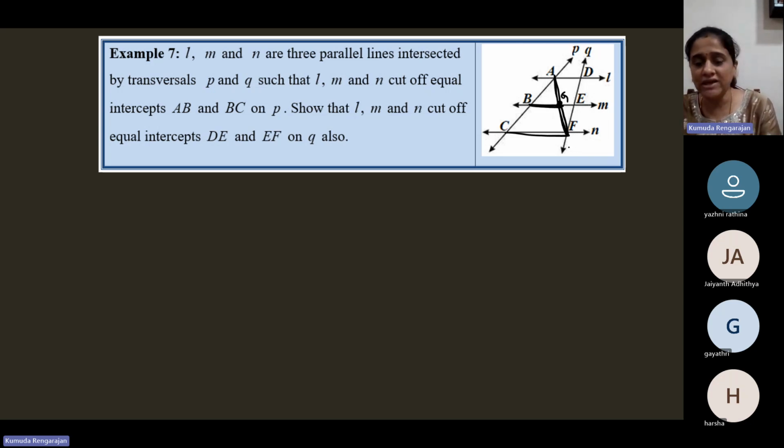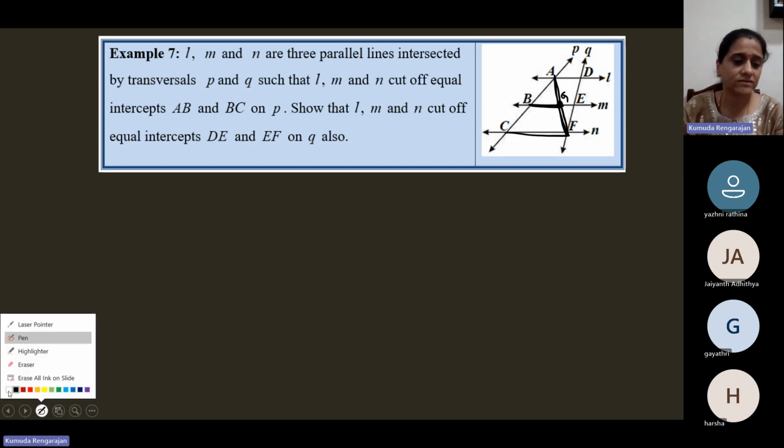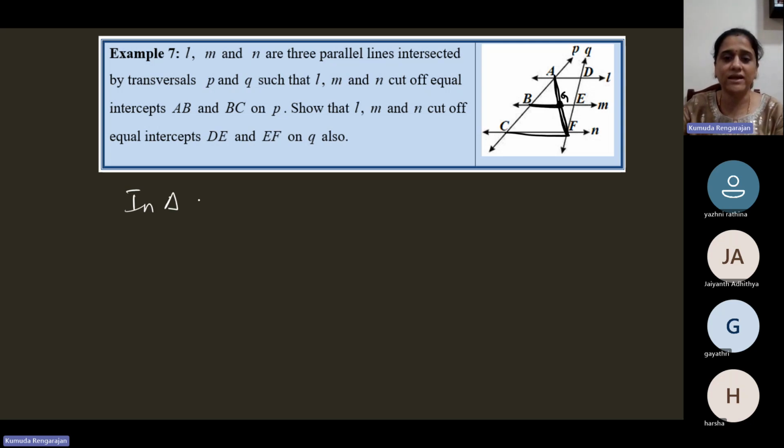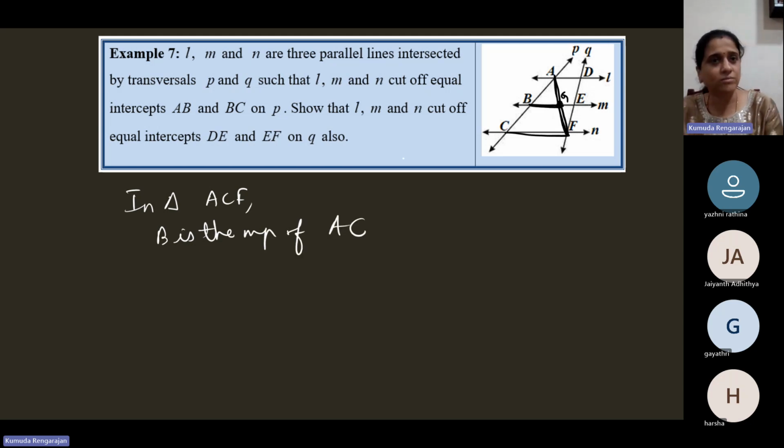When you join AF, let it intersect M at G. So I mark this point G. So in triangle ACF, B is the midpoint of AC. And through the midpoint B, we have BG parallel to CF.